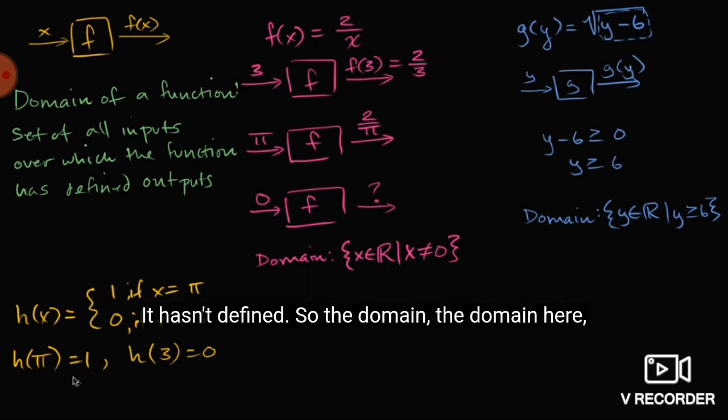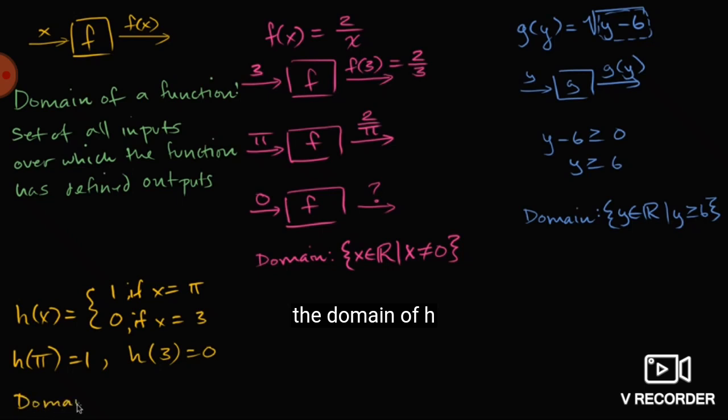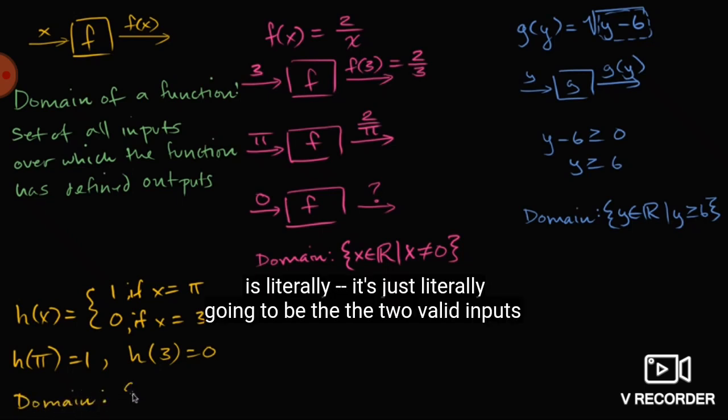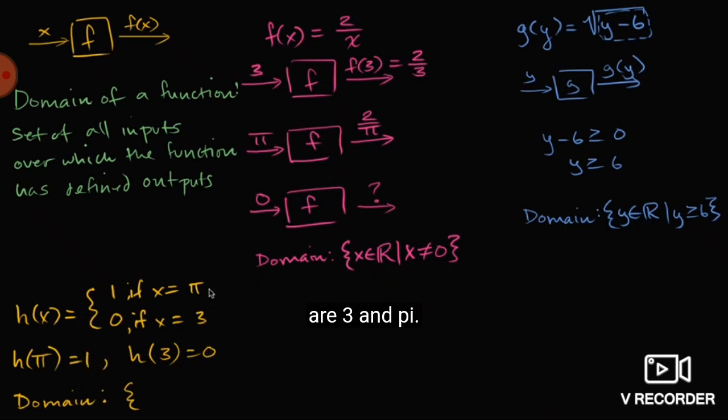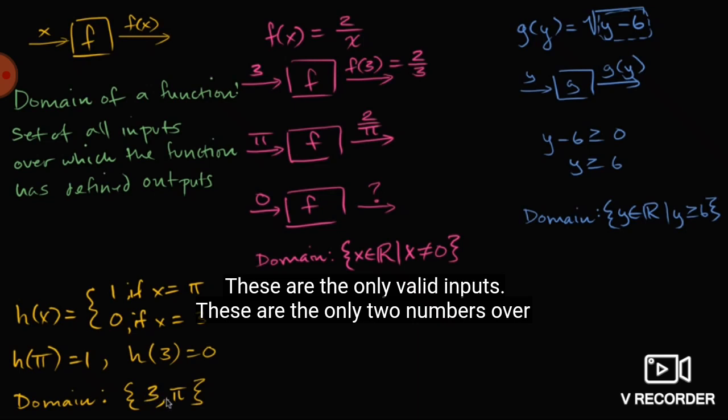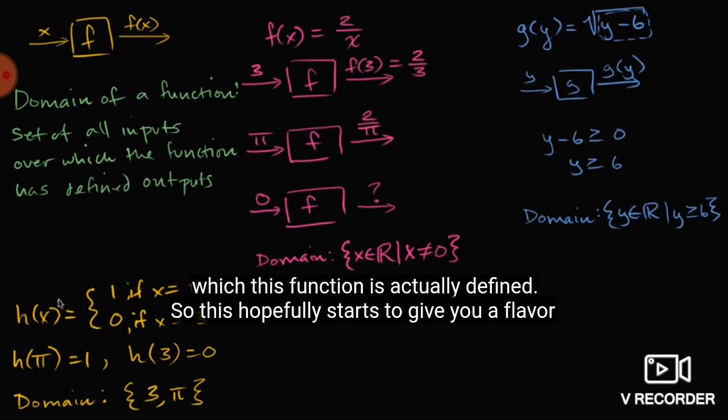It hasn't defined it. So the domain of h is literally just the 2 valid inputs that x can be: 3 and pi. These are the only 2 numbers over which this function is actually defined.